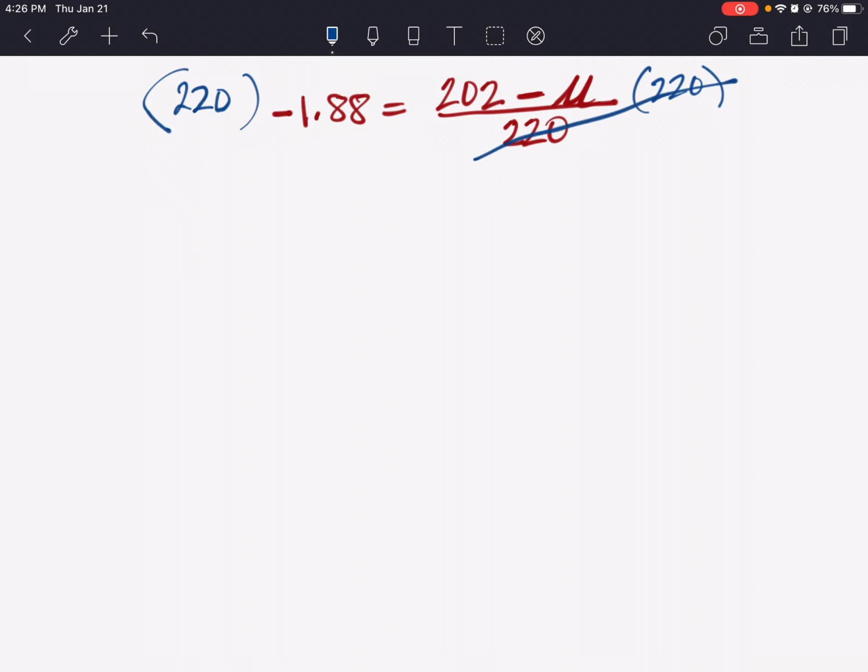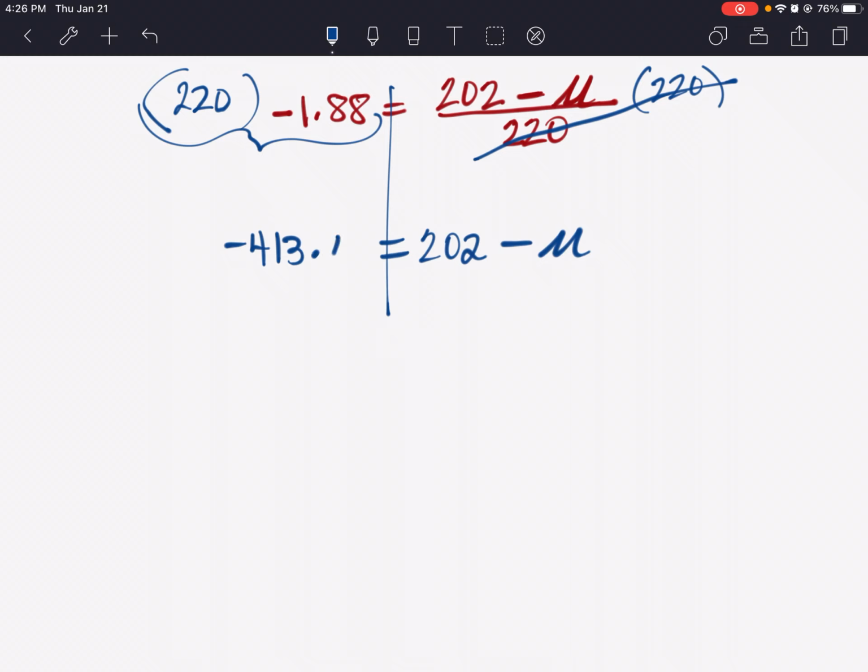That cancels. 202 minus the mean equals, multiply that together, and I think if I did it correctly, it's negative 413.6. Okay, this is the place where you better watch out.